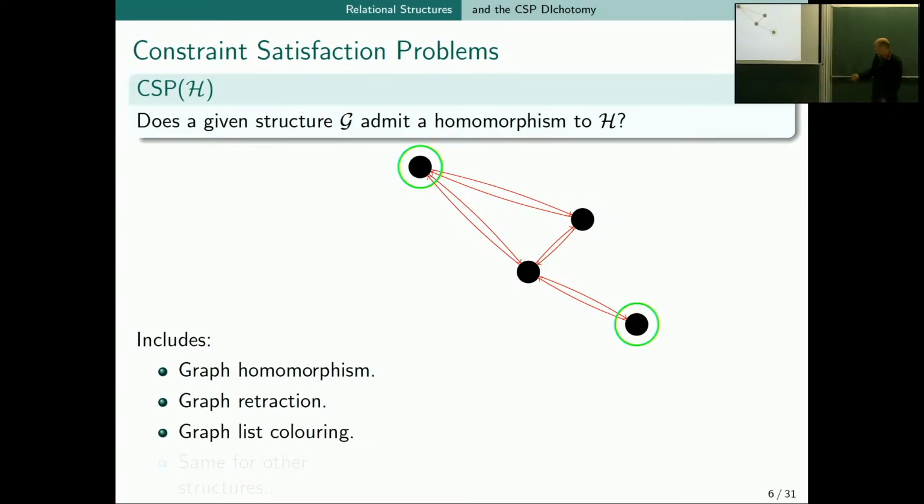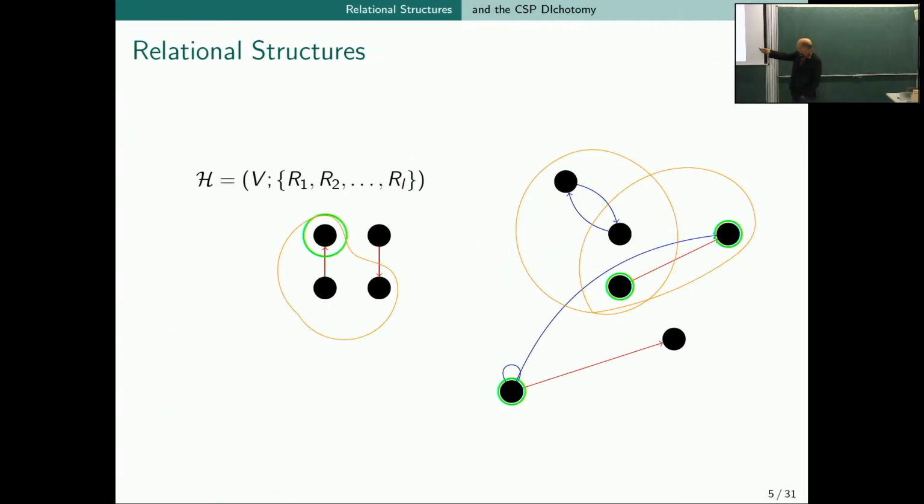And graph list coloring is also a CSP, so we can encode that too. Notice if we have these three circles here, the vertex with the green circle has to map to one of these. So in a way, we're defining a list where that vertex has to map.